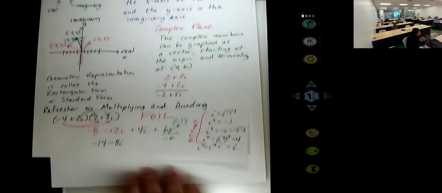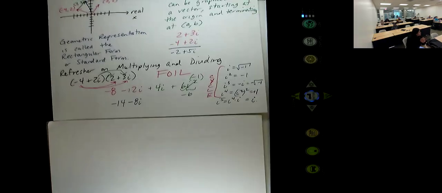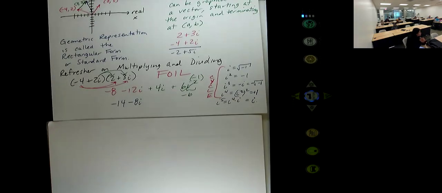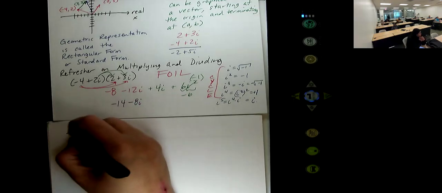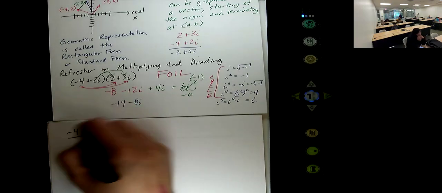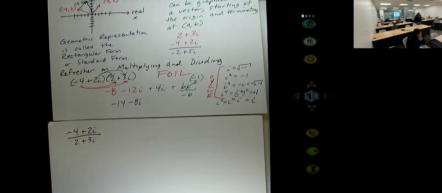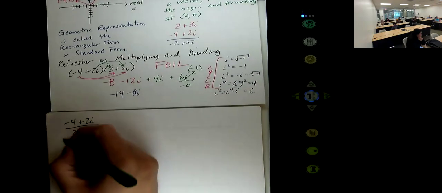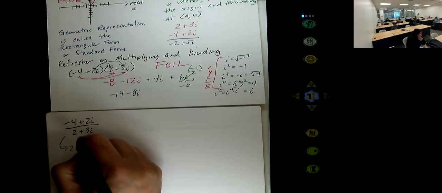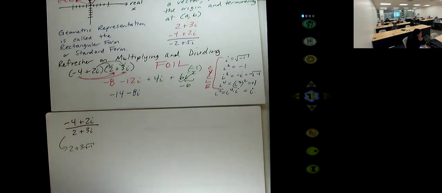Let's take a look at division. This is the same thing as having a denominator of 2 plus 3 square root negative 1.